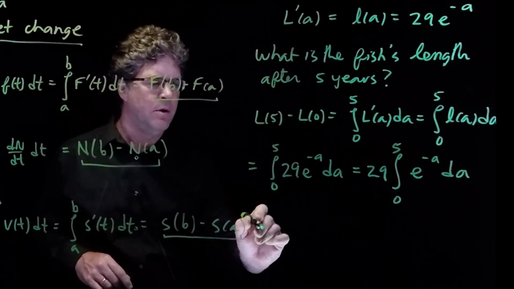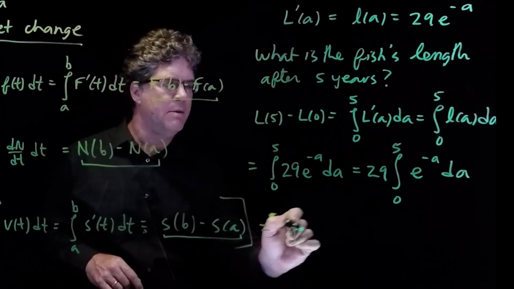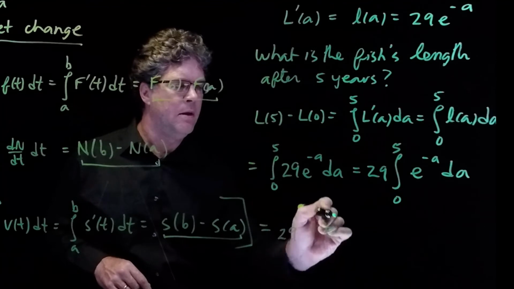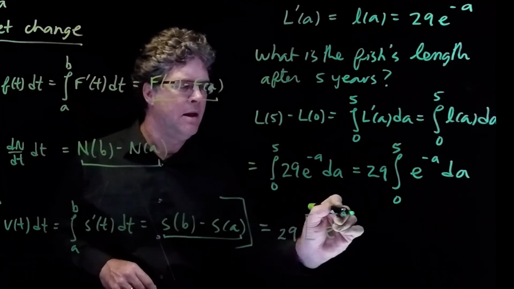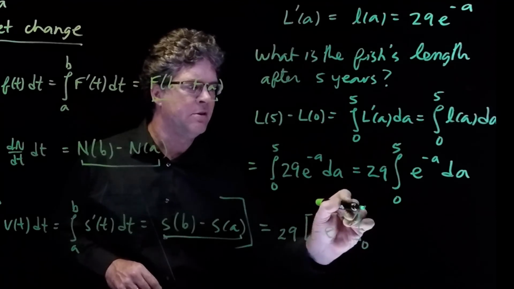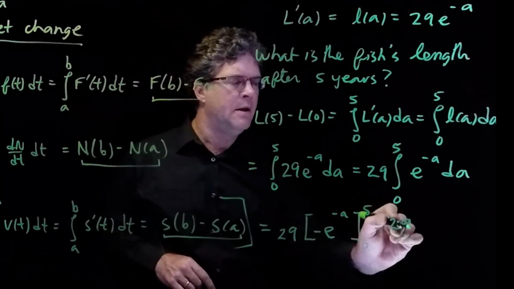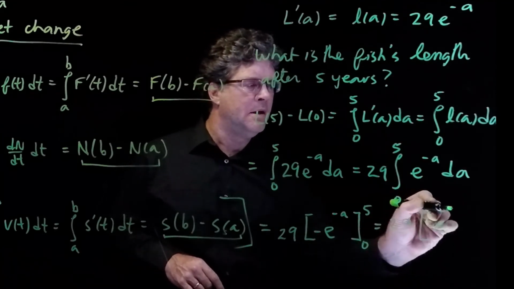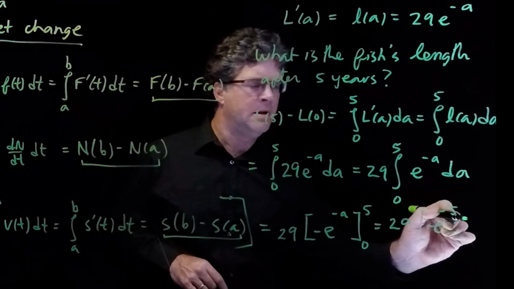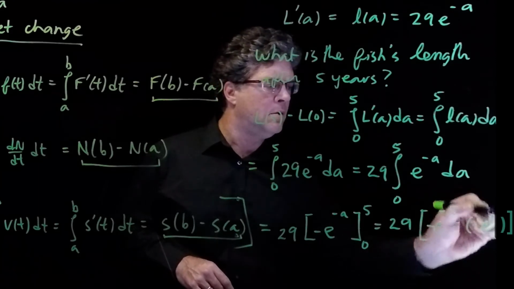And so we have that this is equal to 29, and the antiderivative of e to the minus a is minus e to the minus a, and we evaluate that between 0 and 5. And so this will be equal to 29 times minus e to the minus 5 minus e to the 0.